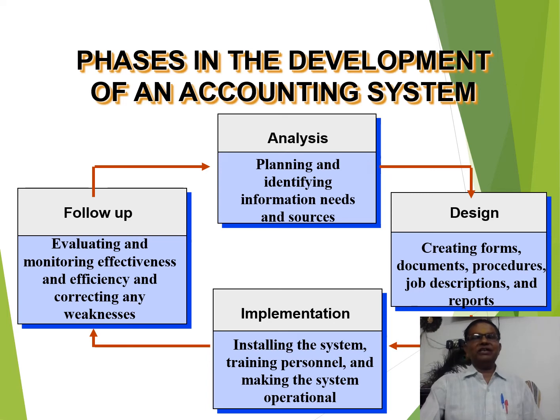For this, we have to create different types of forms, documents, procedures, job descriptions and other reports, and decide how we can implement it. For this, installing the system, training the persons and making the system operational. And we have to control, that is follow up, evaluating and monitoring effectiveness and efficiency and correcting the weaknesses.